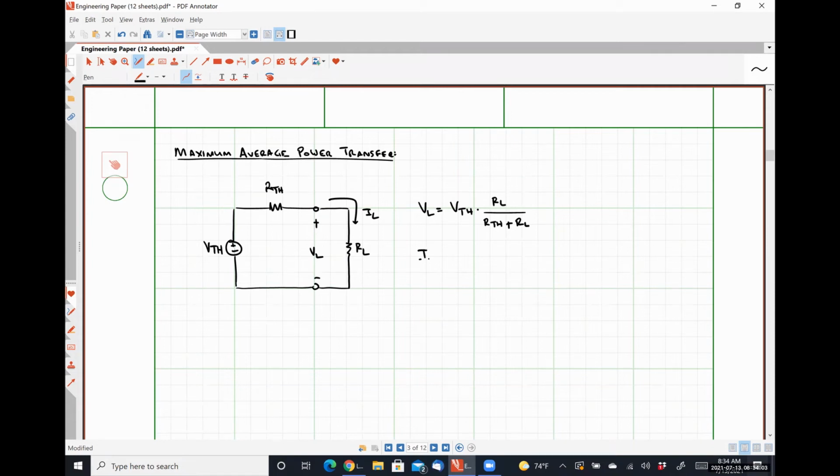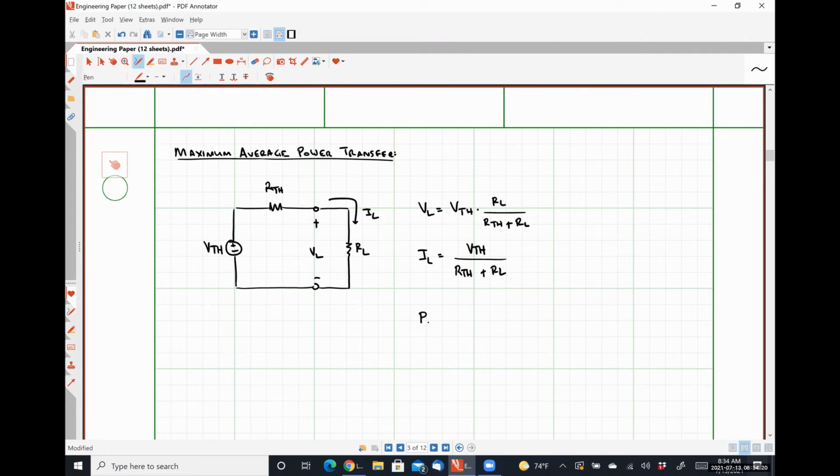And we could say that IL is simply VTH divided by RTH plus RL.